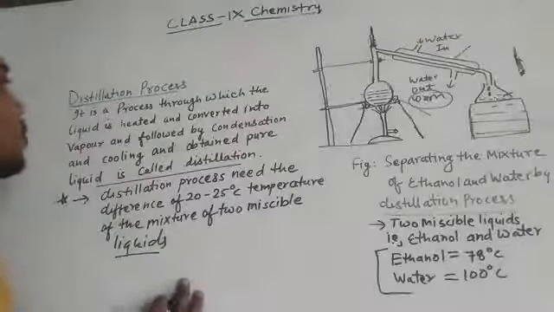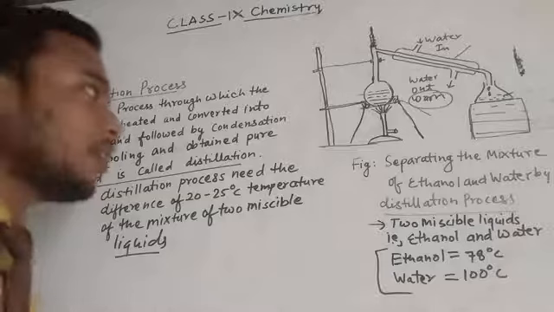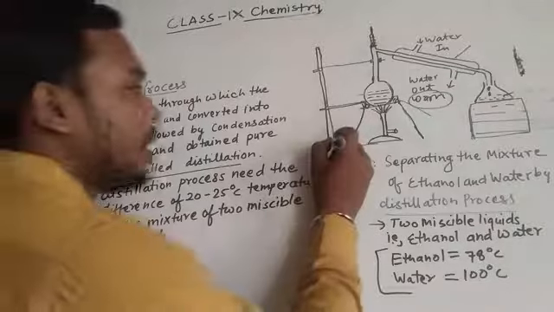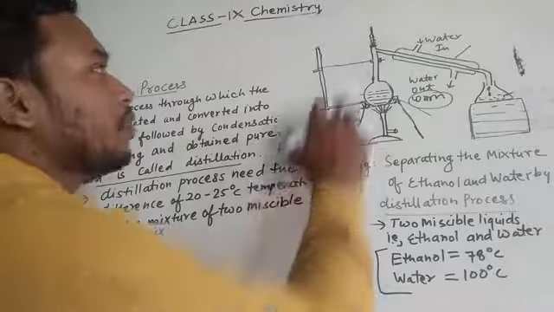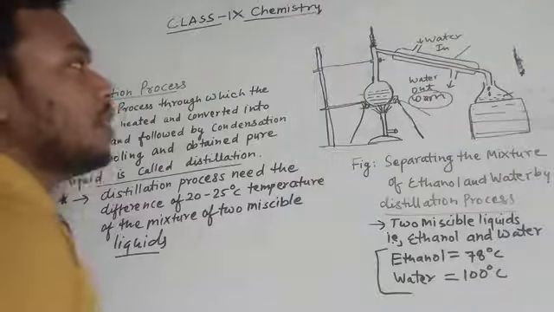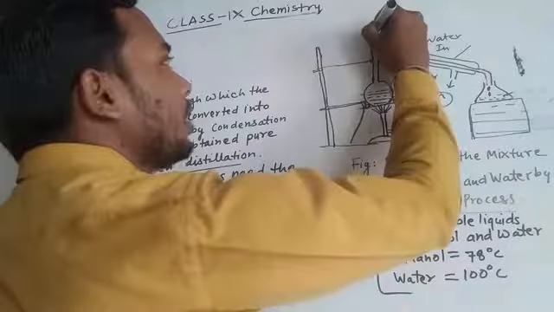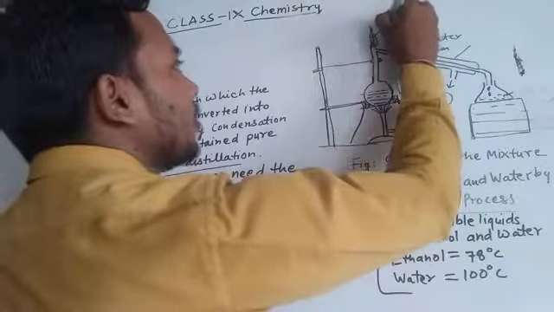Now, this is how the distillation process takes place. Here is the setup drawn for you: a stand which holds the distillation flask, a condenser, and the thermometer.